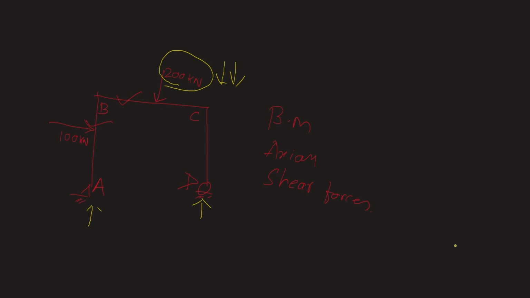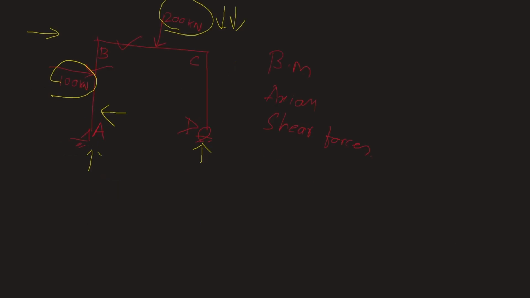Similarly, the 100 kilonewton force is trying to move the structure towards the right of the screen, but the reaction at A will try to prevent that movement. Therefore, the supports try to maintain the structure in equilibrium.